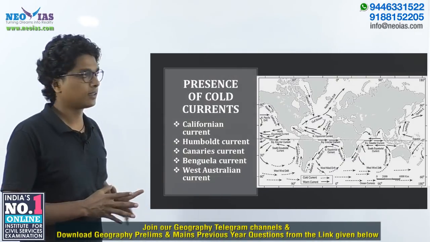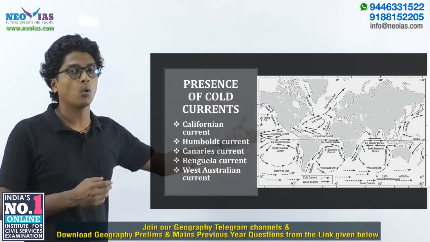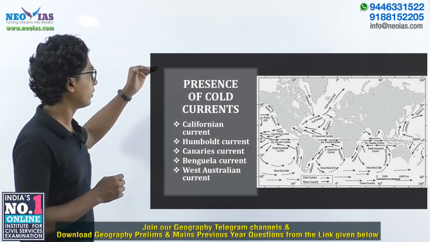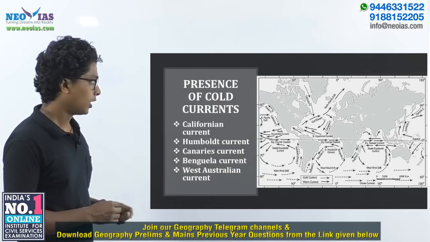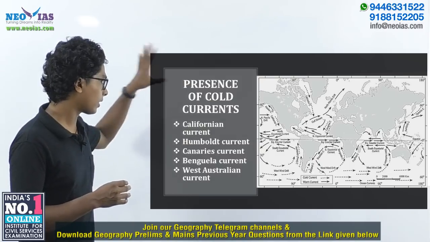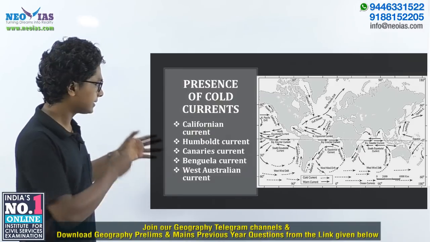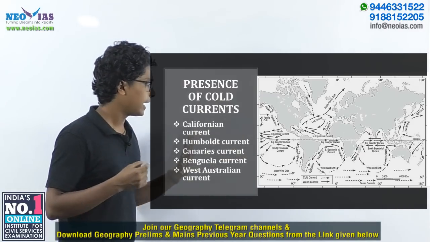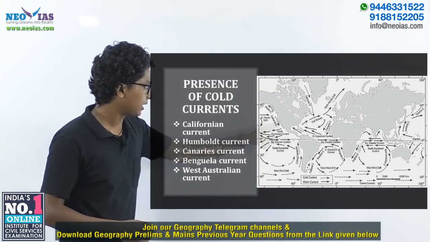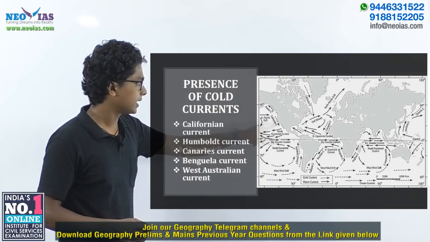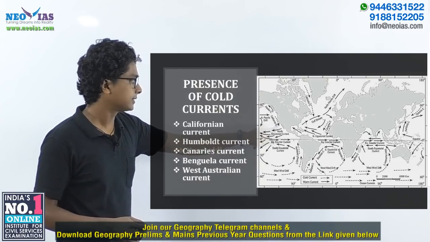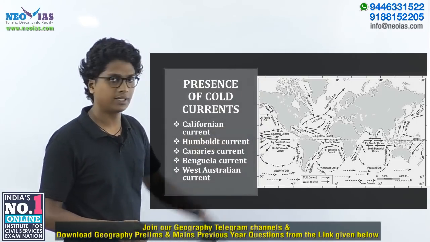The next factor is related to the ocean currents, the presence of cold ocean currents. So before explaining how the cold ocean currents are influencing the major hot deserts, let's take a look at major hot deserts and the cold currents. Starting with North America, the earlier major hot desert we discussed was the Mojave Desert, right?